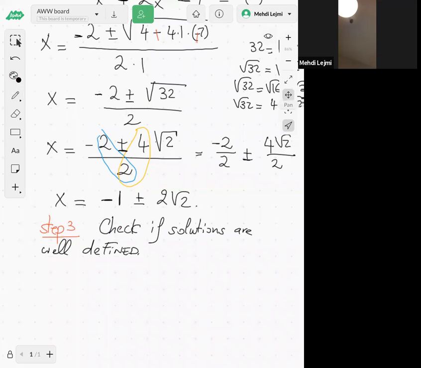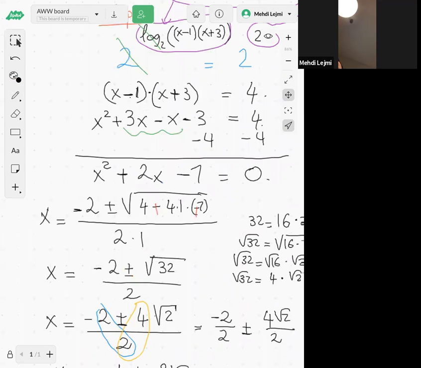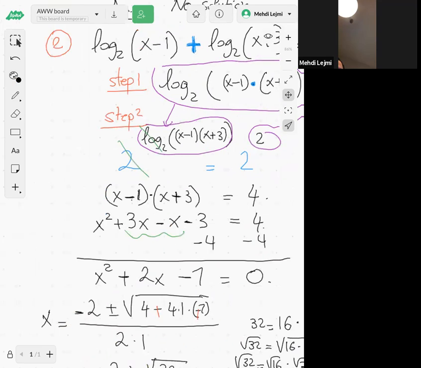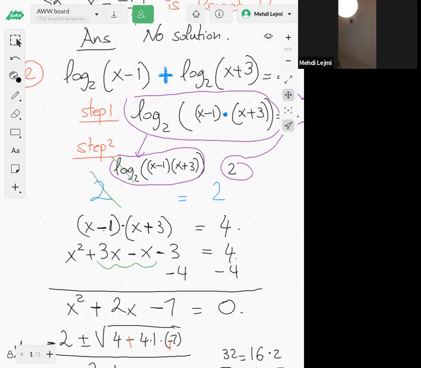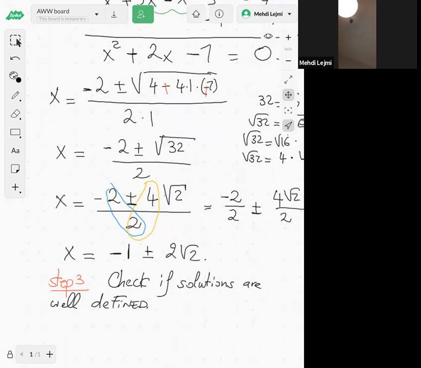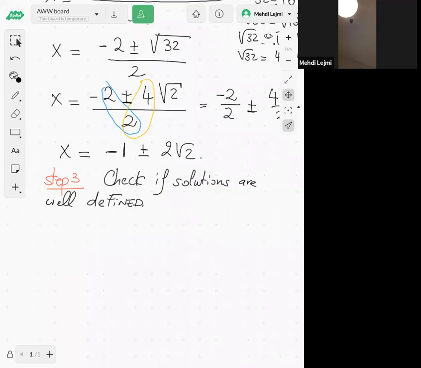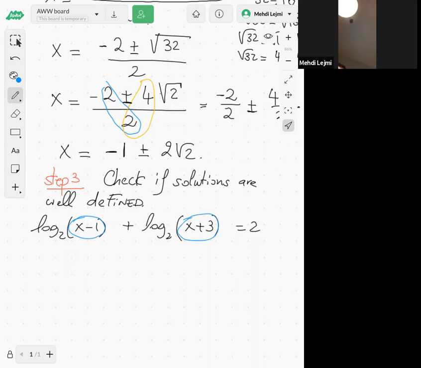Okay, so first we have inside the logs x minus 1 and x plus 3, right? So just to remind you, we have log in base 2 of x minus 1 plus log in base 2 of x plus 3 equal to 2, right? So inside the log, we have x minus 1 and we have x plus 3.